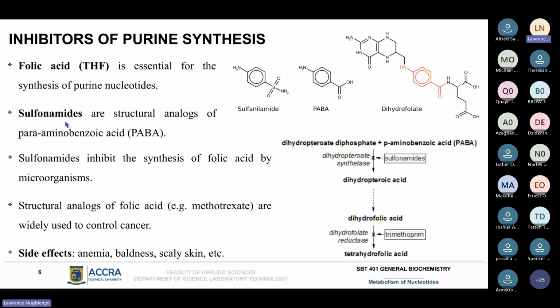So we see the structure of sulfonamides, under which we have a sulfanilamide. Sulfanilamide is one of the sulfonamides, and sometimes it is used as a synonym for sulfonamides. And looking at the structure, you see that it is a structural analog of para-aminobenzoic acid.